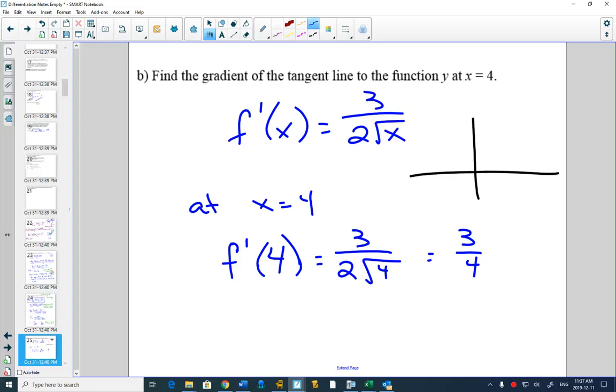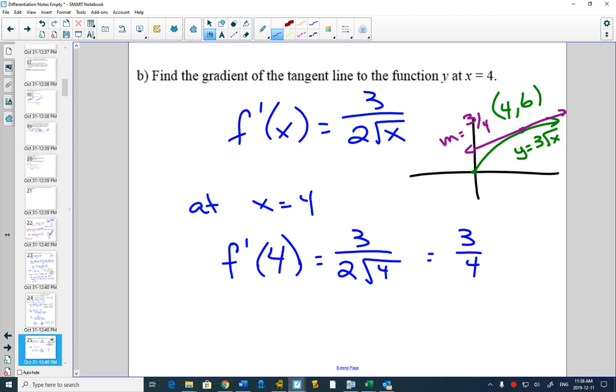3 root x, would you agree that all that is your square root graph stretched? At 4, you would have the point 4 comma 6. This is the graph of y equals 3 root x. It's just your square root graph stretched by a factor of 3. And if you drew a tangent line to that point right there, the slope of that tangent line is 3 over 4.